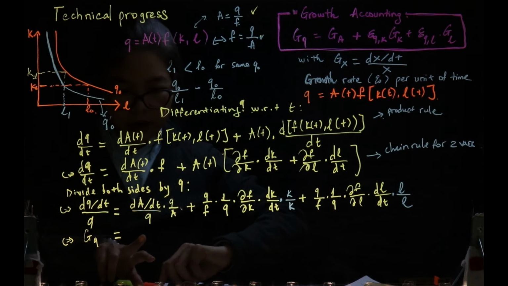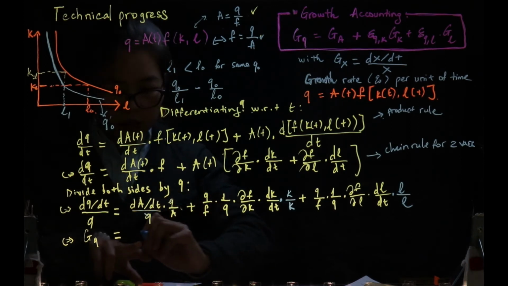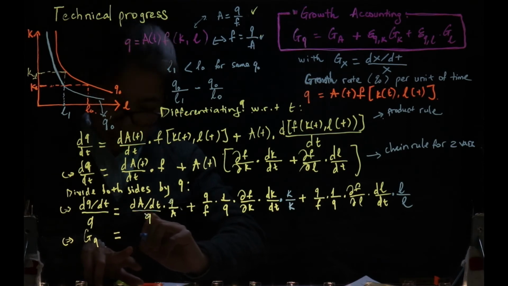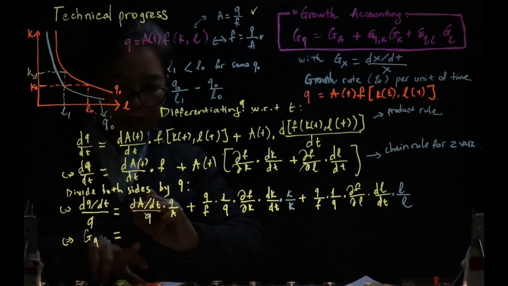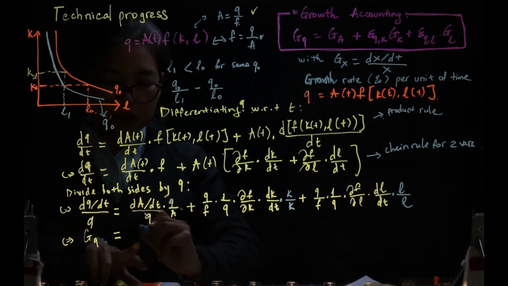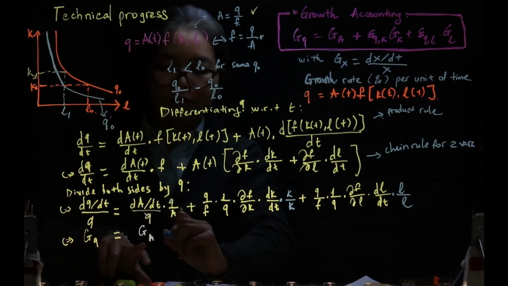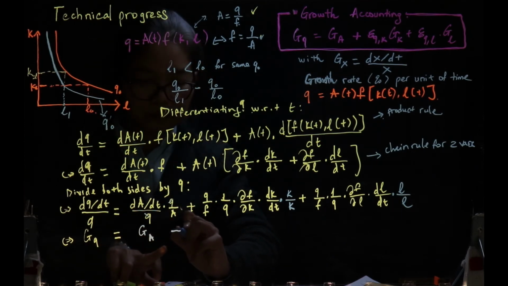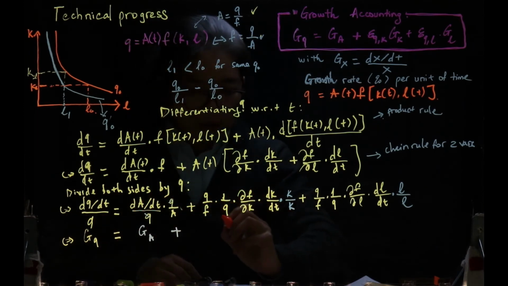Next, we have Q in the numerator and Q in the denominator, so it's gone. And what you have left is dA with respect to t over A. So that's the growth rate of A. Very good. Now take it slowly over here. Okay, so again you have Q, cancel out.